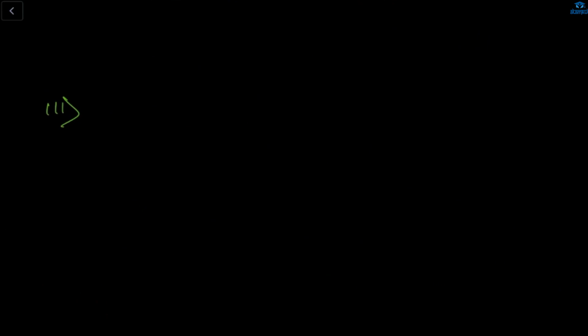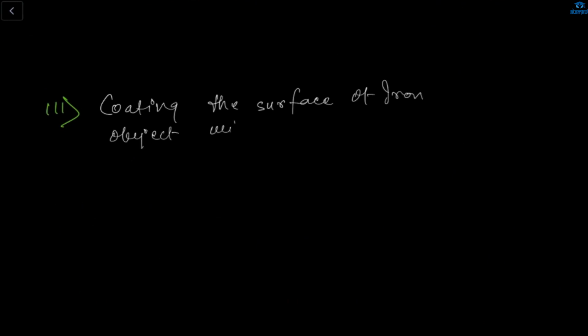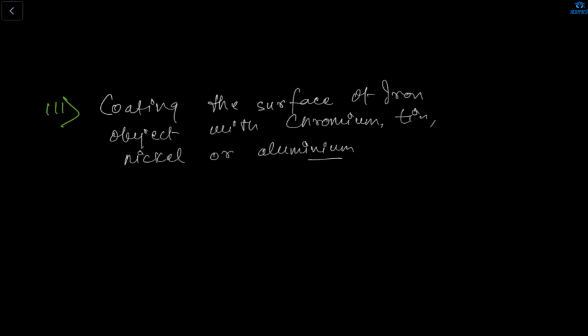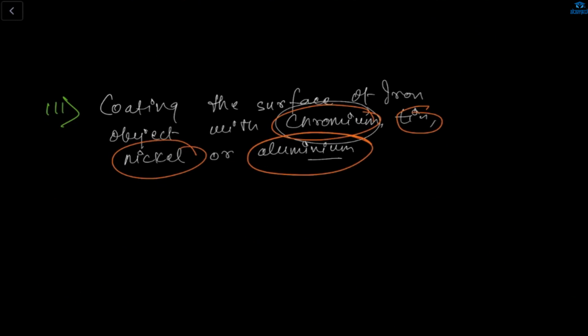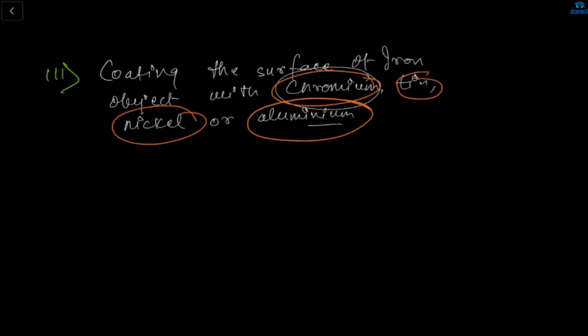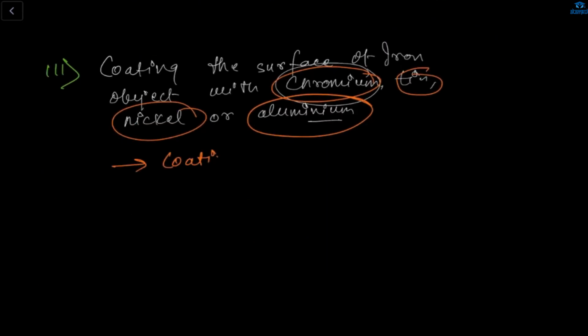And what's the third point? Rusting can also be prevented by coating the surface of an iron object with chromium, tin, nickel, or aluminium. These metals resist corrosion, hence they protect iron from rusting, and they may be coated by electroplating.